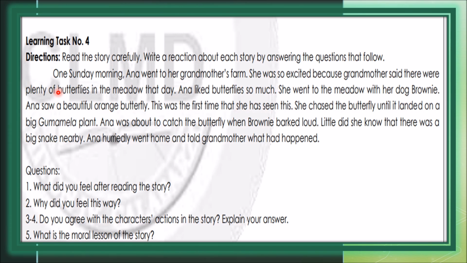She chased the butterfly until it landed on a big gumamela plant. Anna was about to catch the butterfly when Brownie barked loud. Little did she know that there was a big snake nearby. Anna hurriedly went home and told grandmother what happened.